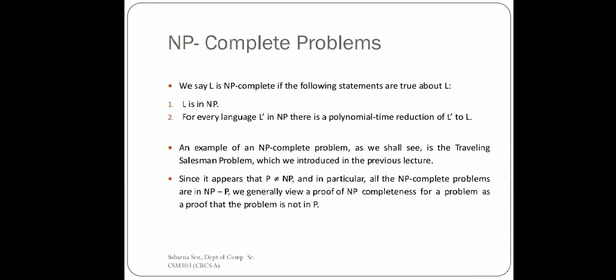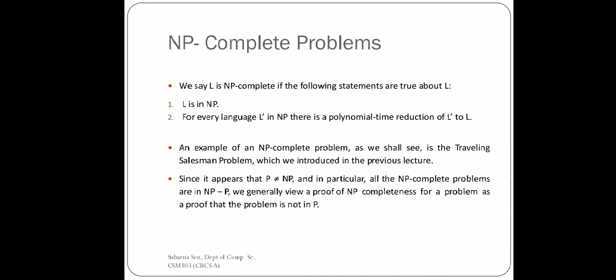All the NP complete problems are in NP minus P. If we discard those problems which can be solved using a deterministic Turing machine in polynomial time, the rest are only those problems where a non-deterministic Turing machine is a must to complete it in polynomial time, and that class will be the NP complete problems.